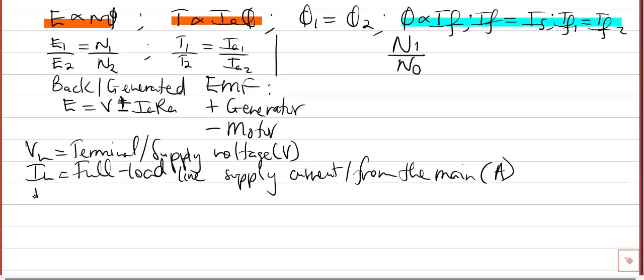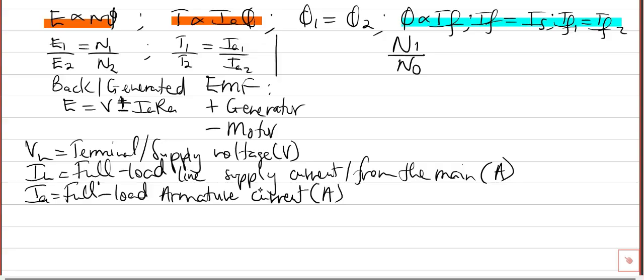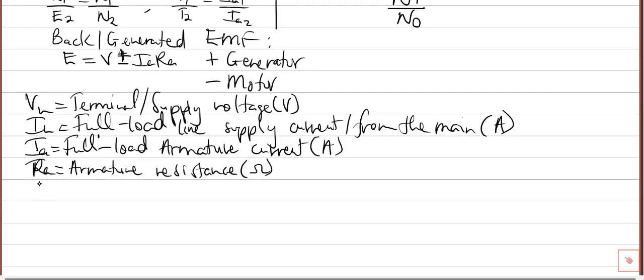You have IA. This is your full load armature current measured in amps. Your RA, this is your armature resistance measured in ohms. You have R shunt, your shunt field resistance.